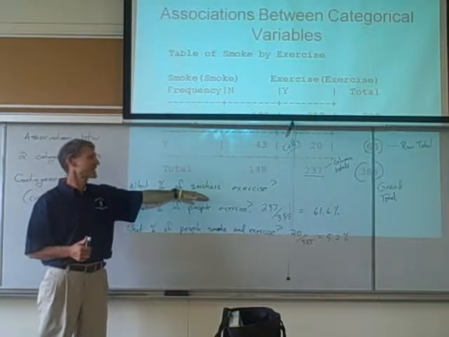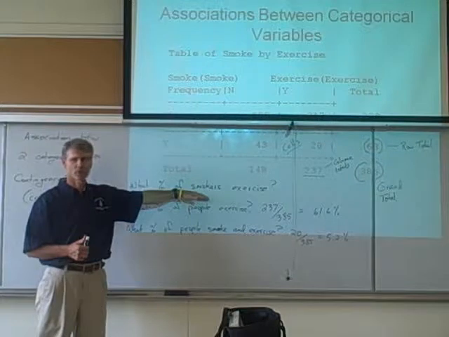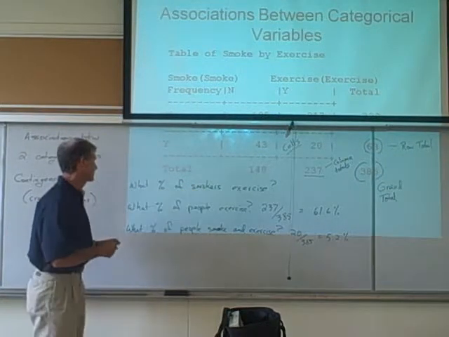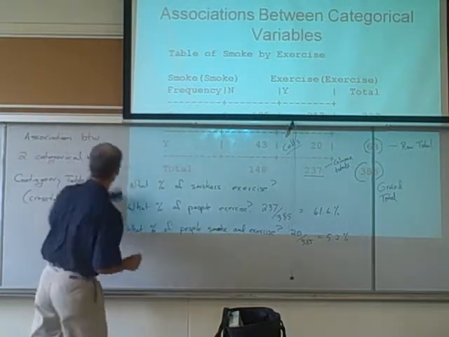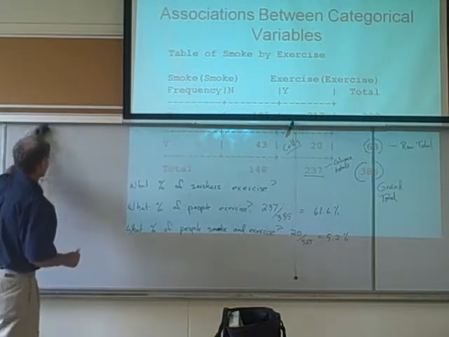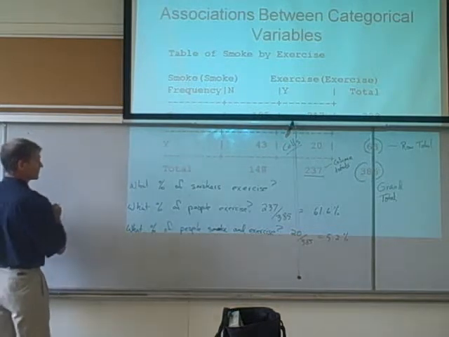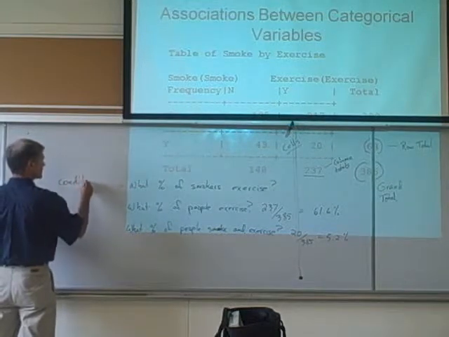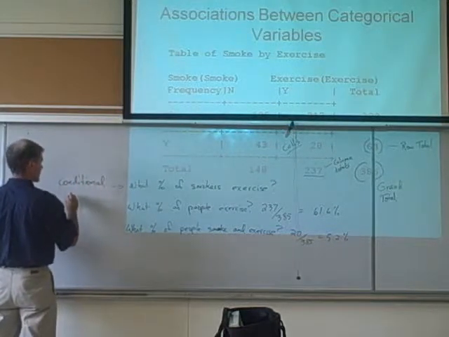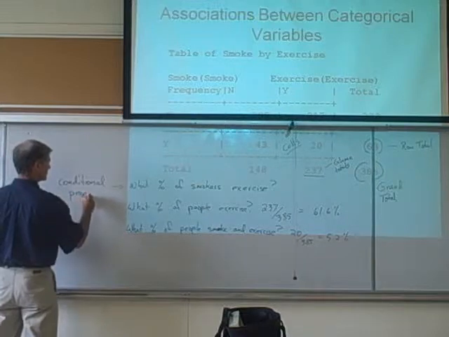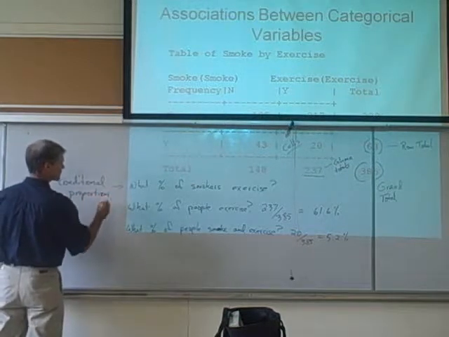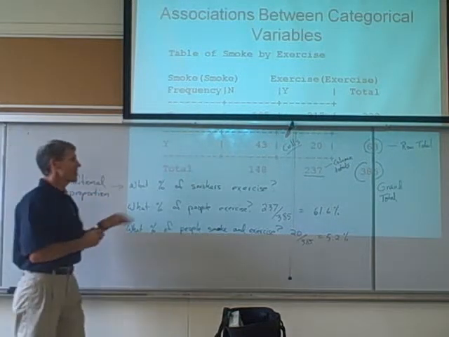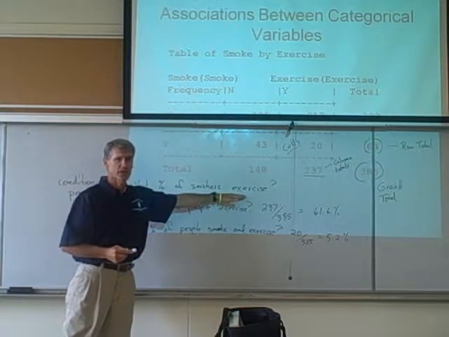This is known as a conditional proportion, or a conditional percent. Right? So let me write that down. This is a conditional proportion. You condition on them being a smoker, then you compute the proportion who exercise.